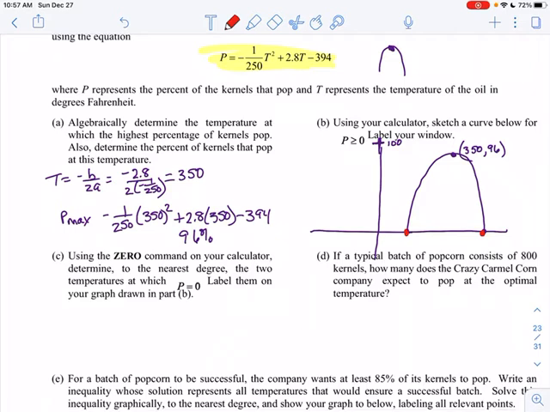So I'm going to hit second, calc. The equation's already in there, and I'm hitting second, calc. All right, and I'm going to go down to 0. And I'm going to hit enter. Now here's the deal. You're going to have to set up your left bound and your right bound if you remember doing this. So you're going to use those arrow keys.